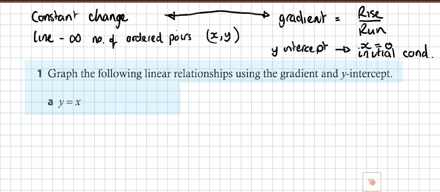And there's one final thing. What's the general form of a linear relationship, if we were to put it as an equation? y equals mx plus c.